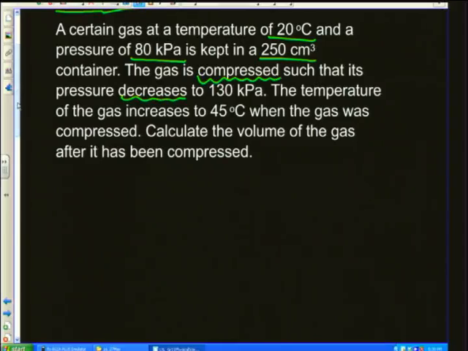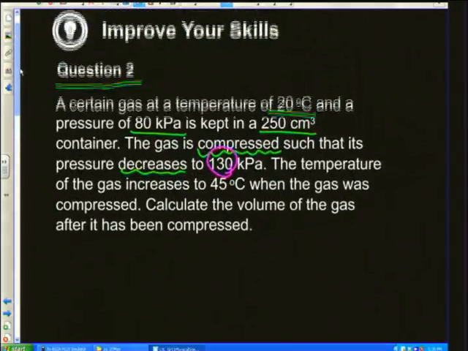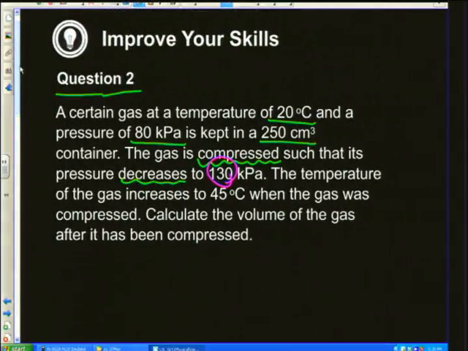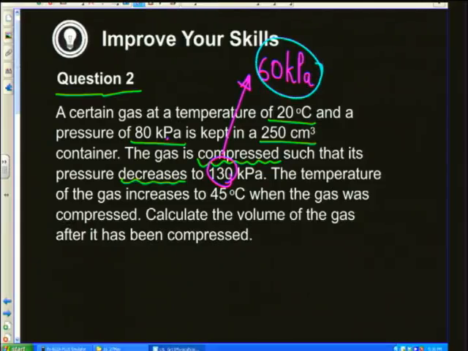Let me just change it for you now, a bit of a mistake here. Pardon me for that. It can't be compressed from 80 kilopascals to 130. If it is compressed, that pressure must get less. So compressed to 60 kilopascals. Remember that, we're going to use that one instead of the 130.